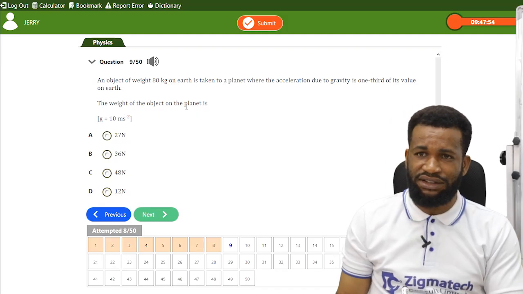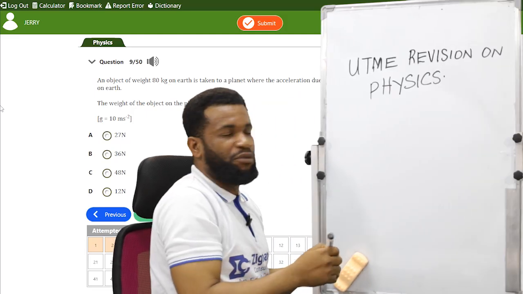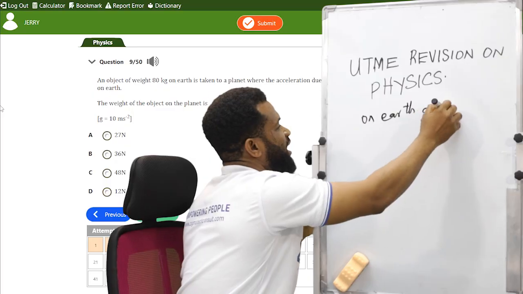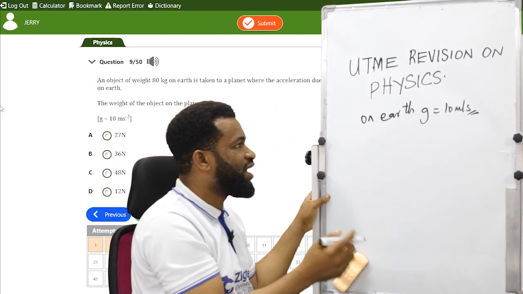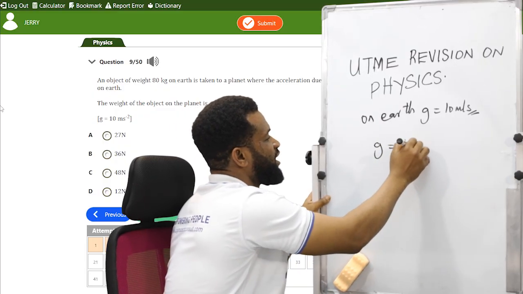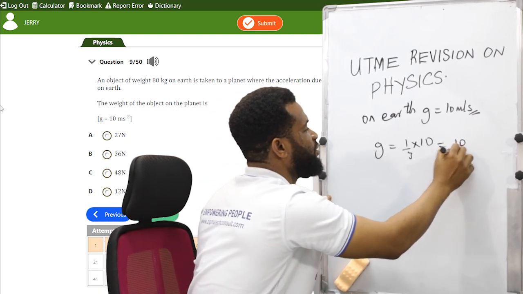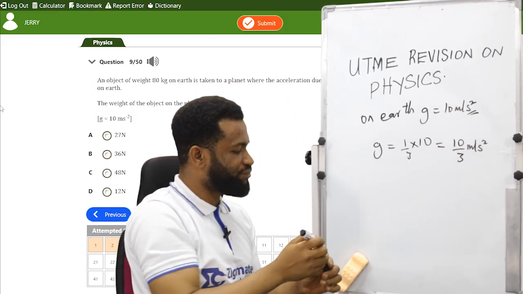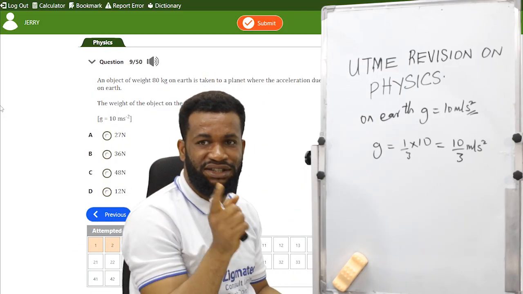The weight of the object on the planet is... So at this point, on Earth, g is given as 10 meters per second square. Now, on another planet, g is 1/3 times 10. Therefore, on that planet, we have 10/3 meters per second square. Now, they say find the weight of the object on that planet.